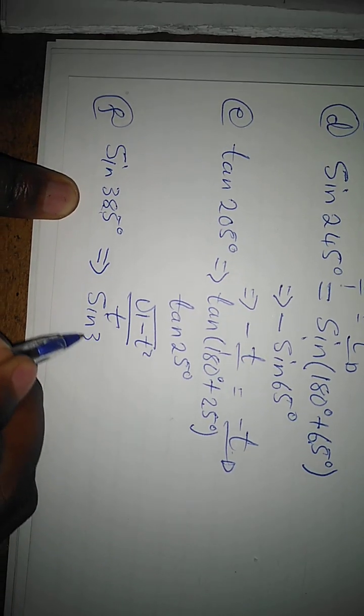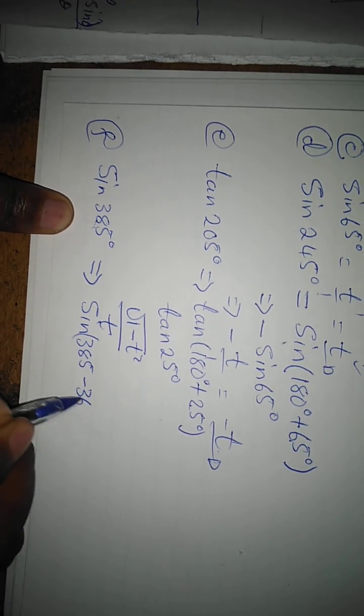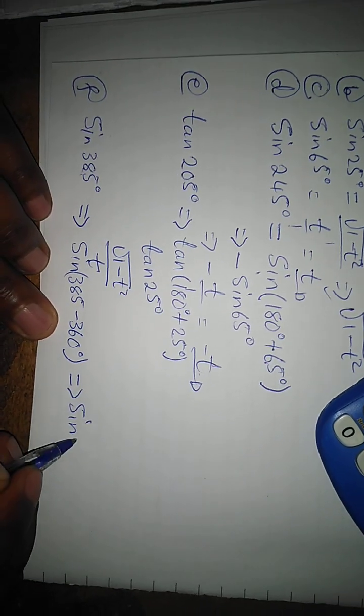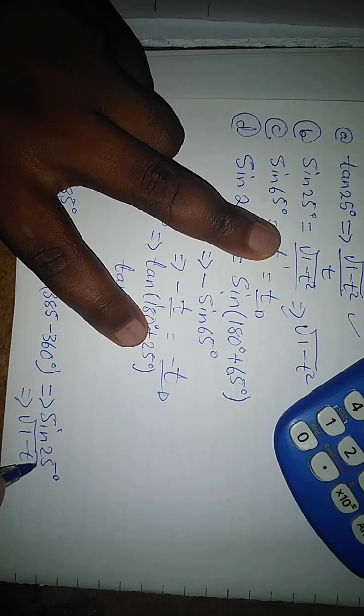So sine of 385 minus 360 degrees, 385 minus 360 is equal to 25. Hence you will have sine of 25, and we know that sine of 25 is equal to the square root of 1 minus t squared.